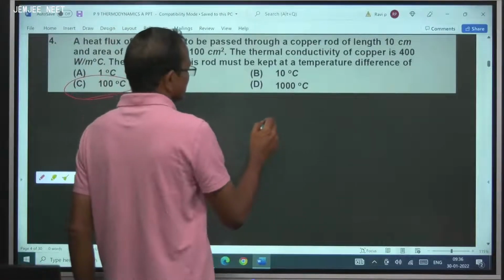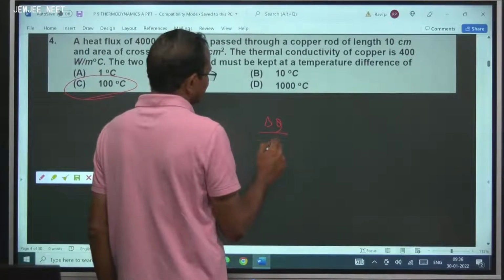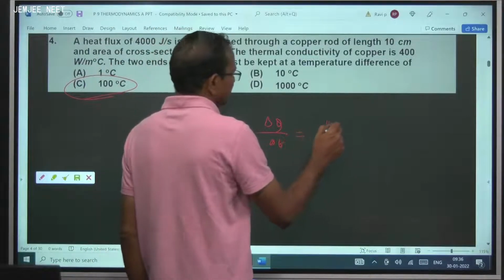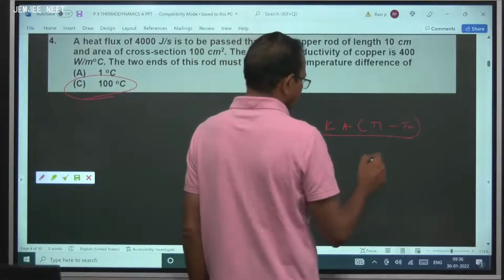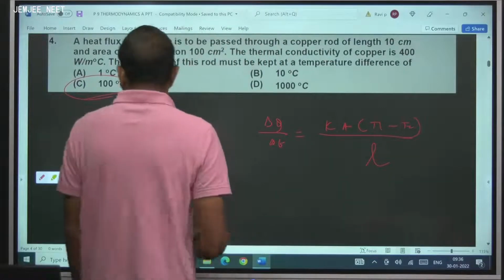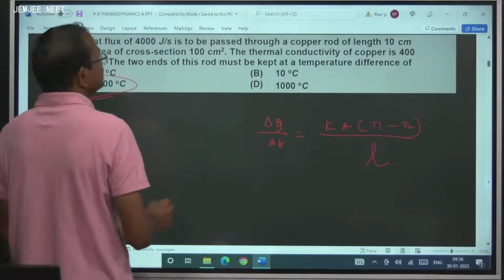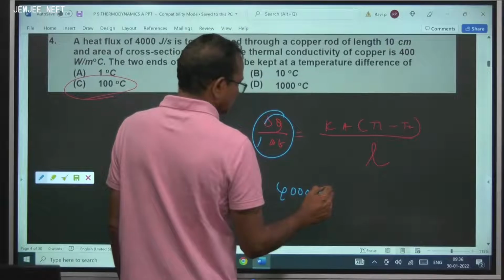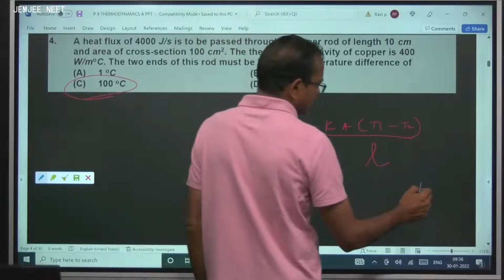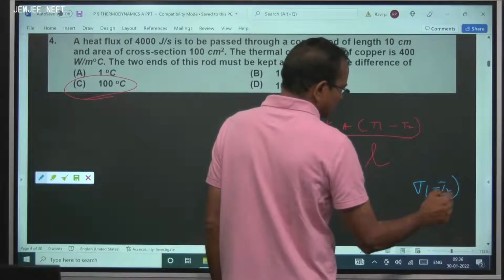Please check it. Quantity of heat flowing per second is equal to KA (T1 minus T2) by L. That's all. They have given this, this is 4000. Right. What did they ask you? T1 minus T2 is the question mark.